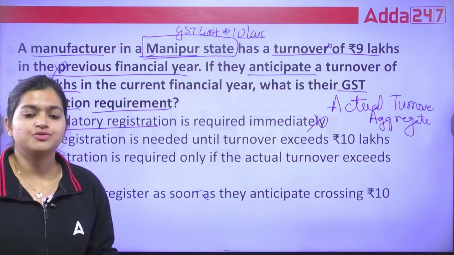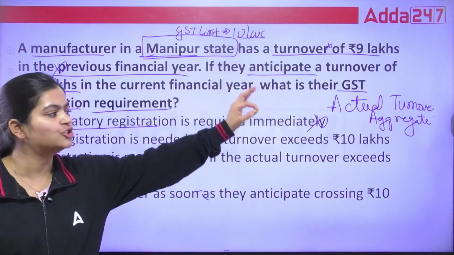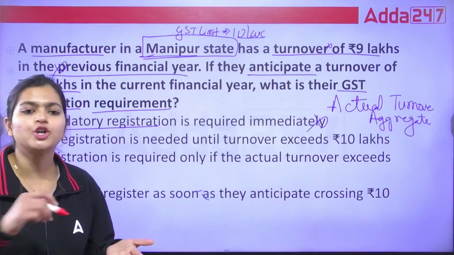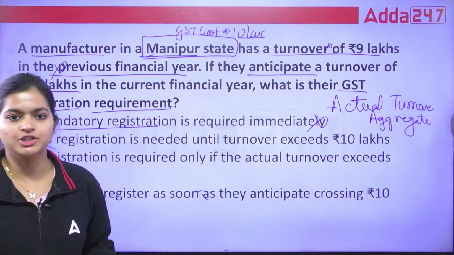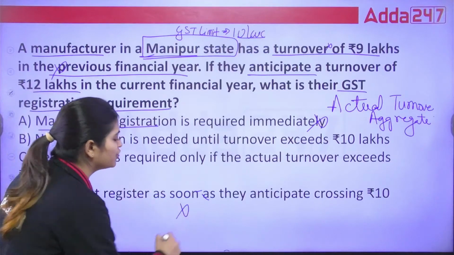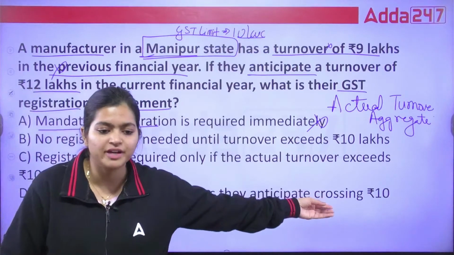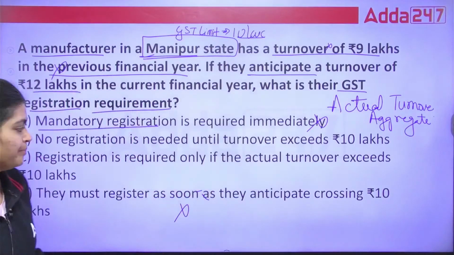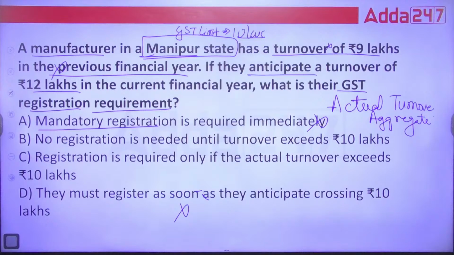Under GST registration, we always look for actual aggregate turnover in our books, not in our budget preparation. Under GST, we never anticipate anything. So option D is also wrong.